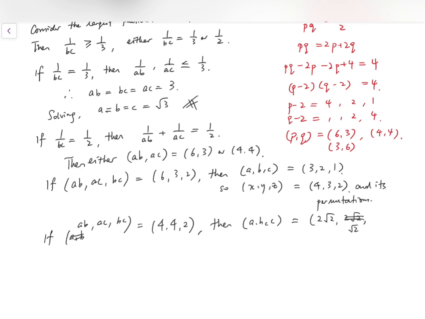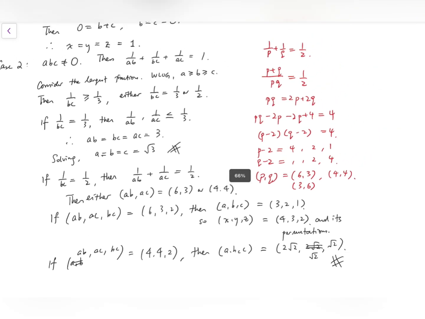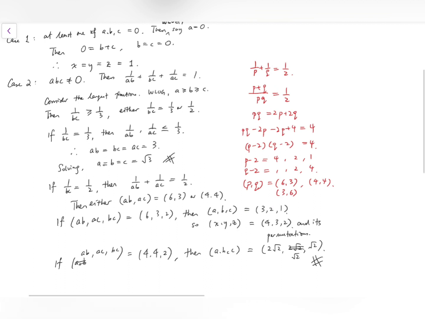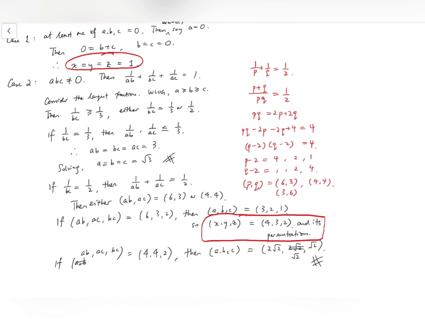You will get √2 and √2 for B and C. But that's again absurd because we're looking for integers. So our only solutions are all 1 or the permutations of 4, 3, and 2. So we know the answer, and this is the first way for me to do it.